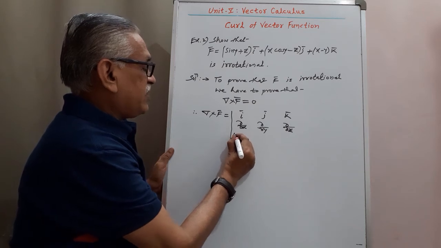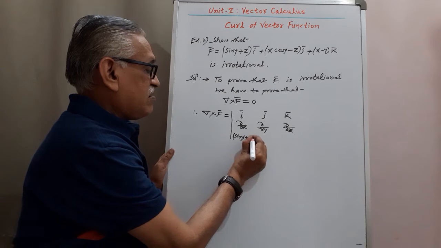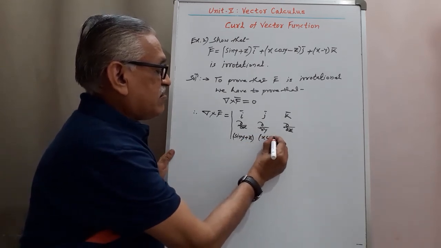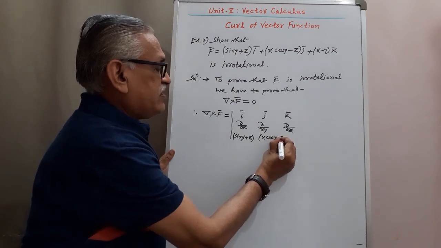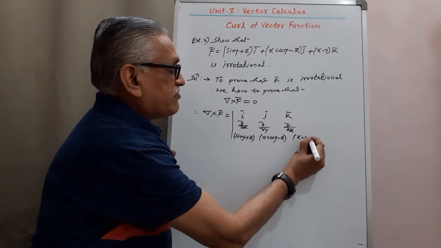It is sin y plus z, second one is x cos y minus z, and the third one is x minus y.